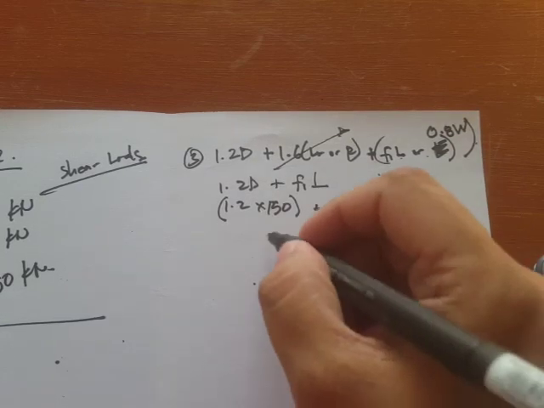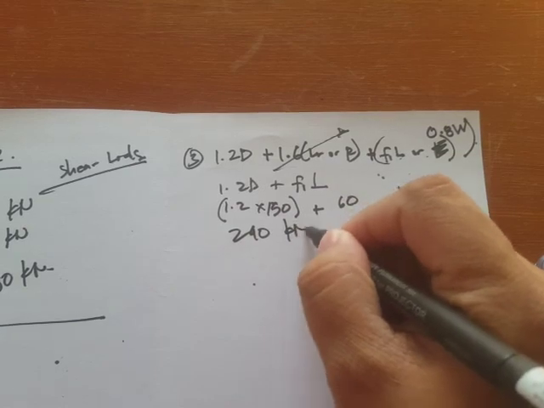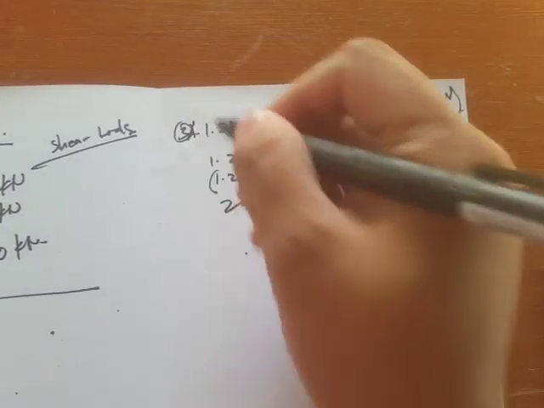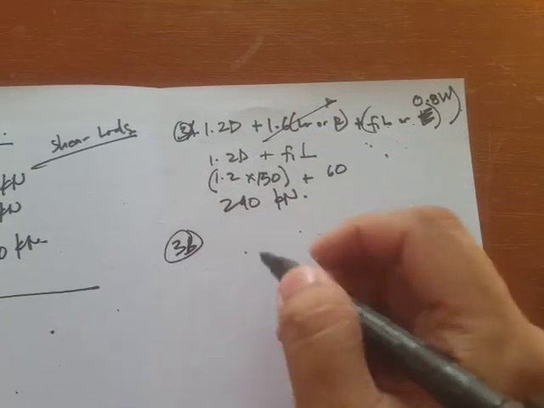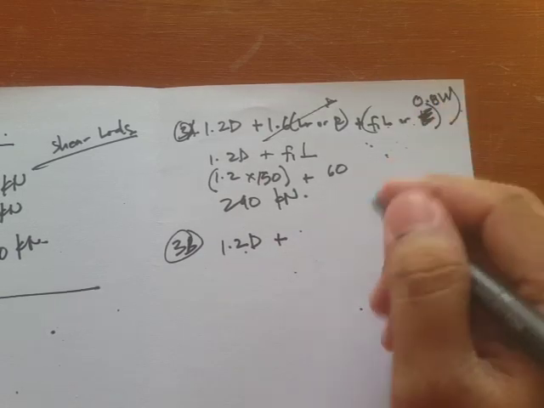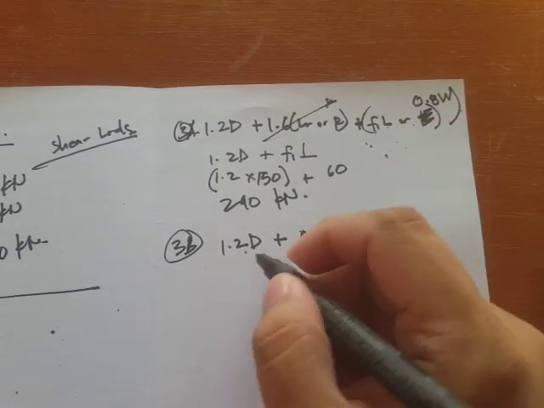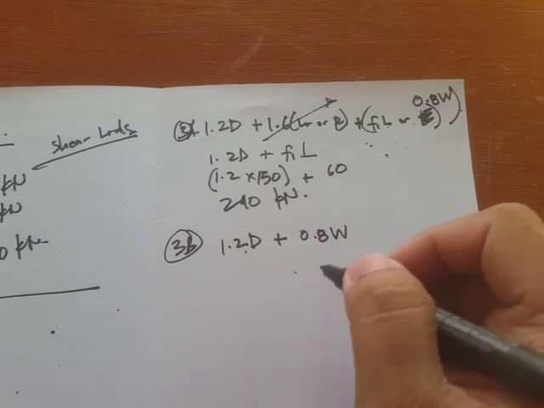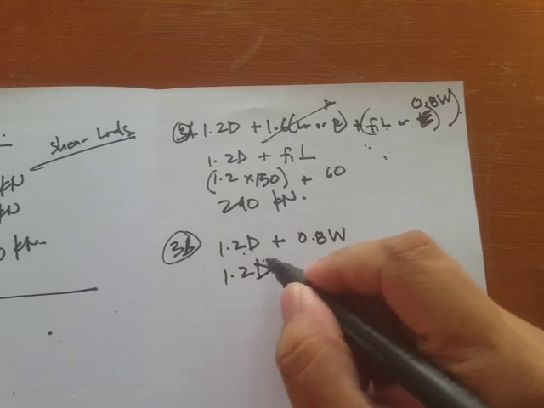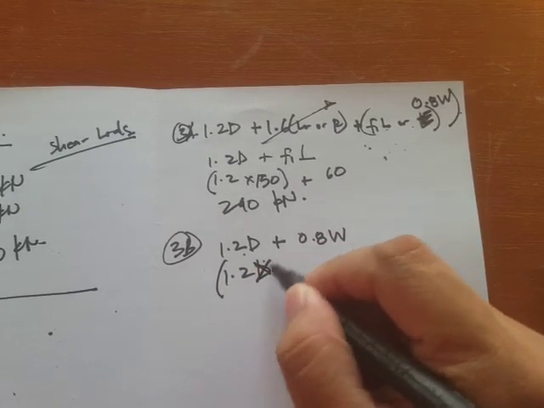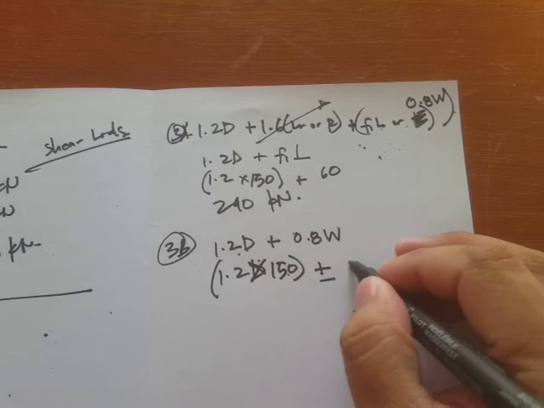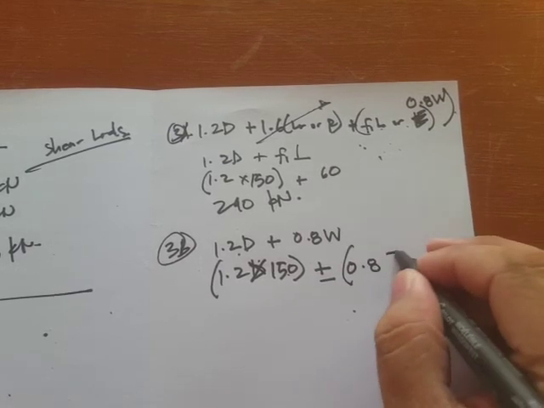So we have 240 kilonewtons. Okay, and then let's say this is 3A, we'll do another load combination 3B. So 1.2 dead plus using the wind load 0.8 wind. Okay, so 1.2 dead, what's the dead? That's 150, 1.2 times 150. Okay, so plus, let's say plus minus 0.8 times 50.